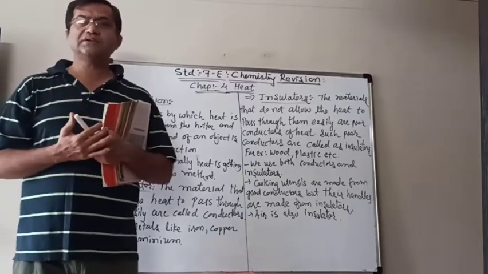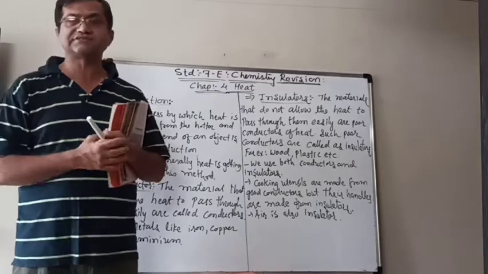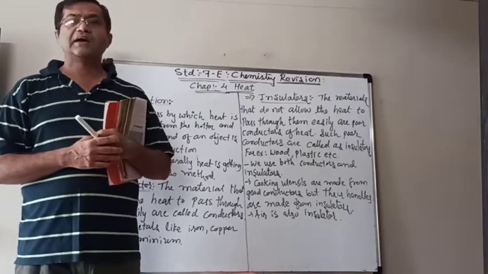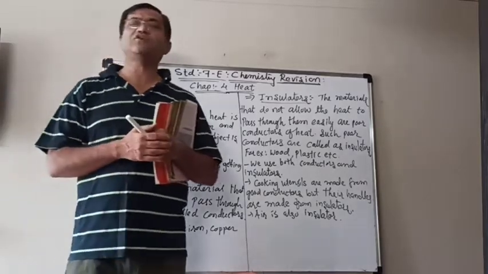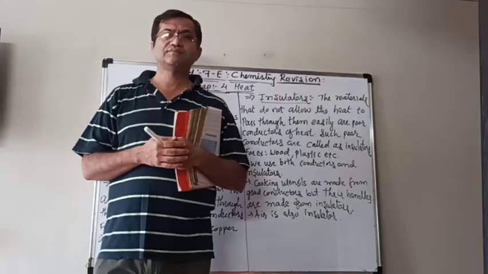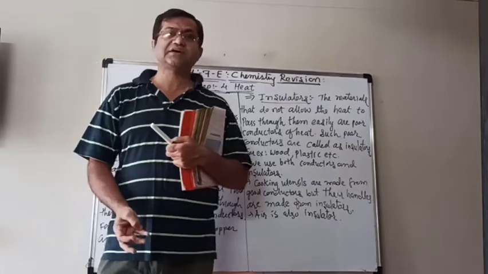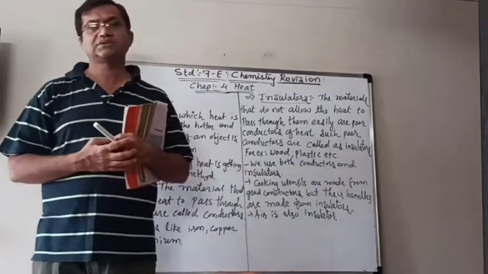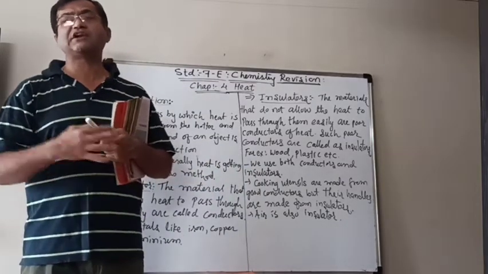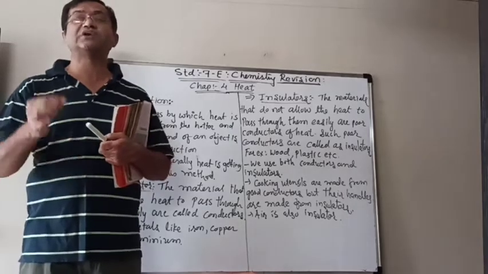On the other hand, if you observe the handles of the cooking utensils, they are made of wood, plastic, ebonite or some other materials which are insulators.